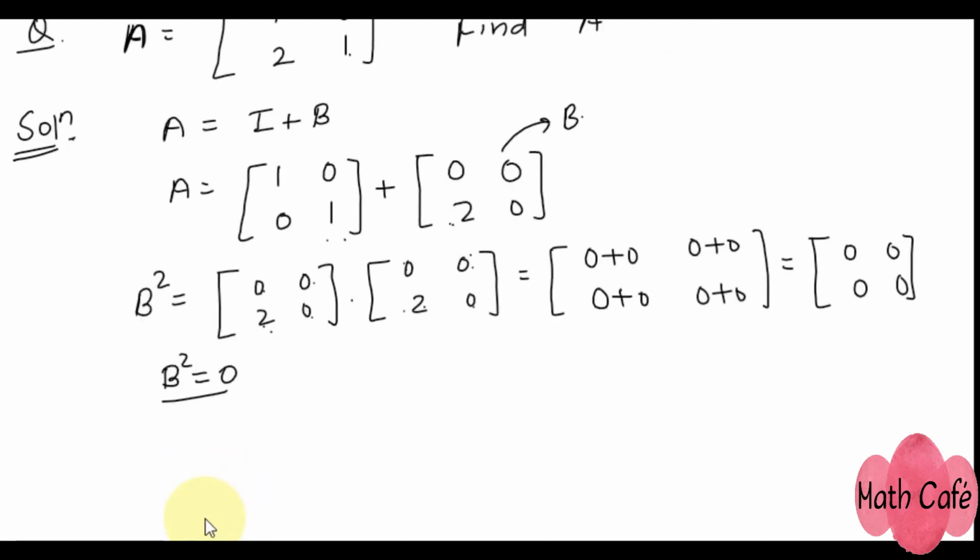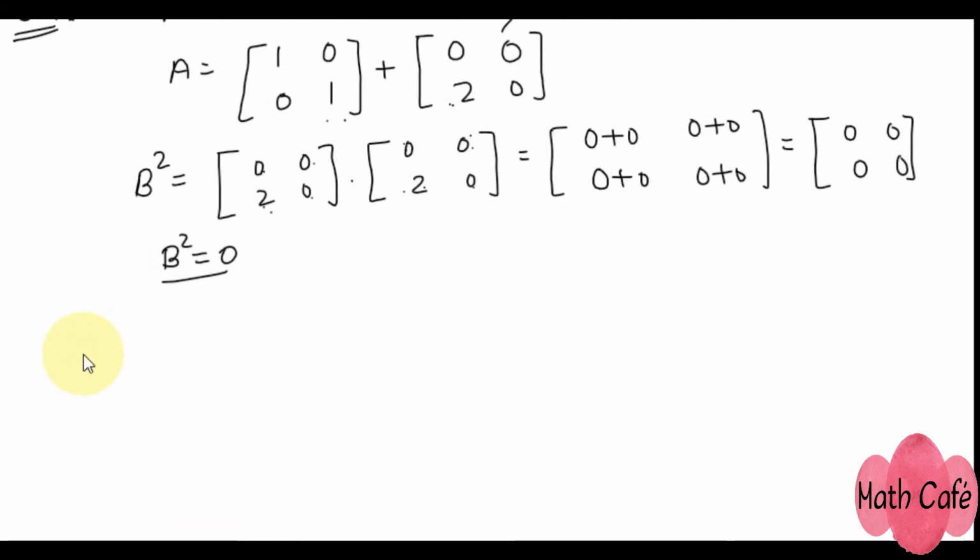Here B square is a 0 matrix, and we need to find A power 2007. So this can be expressed as (I plus B) power 2007.